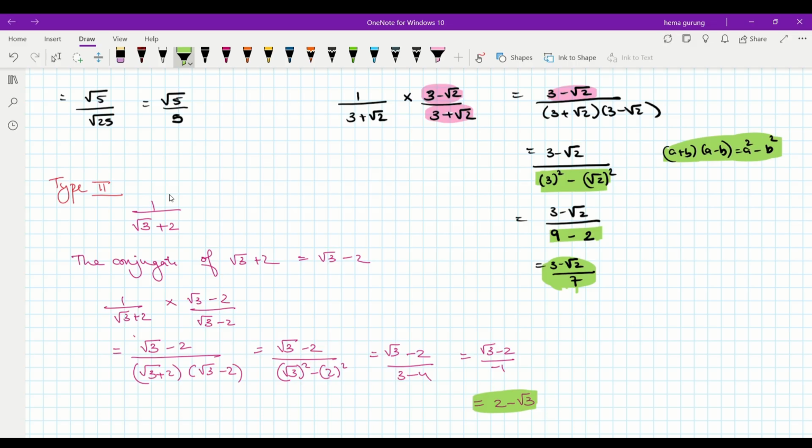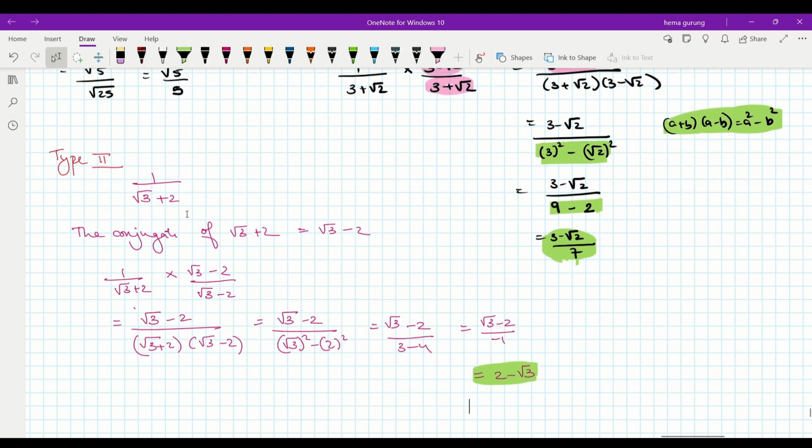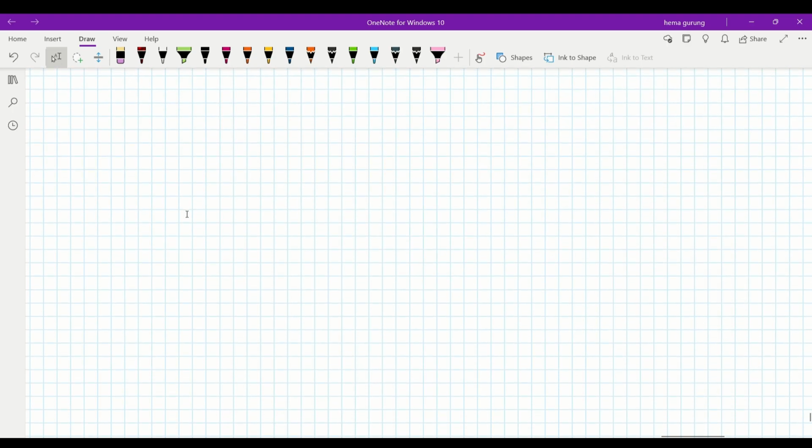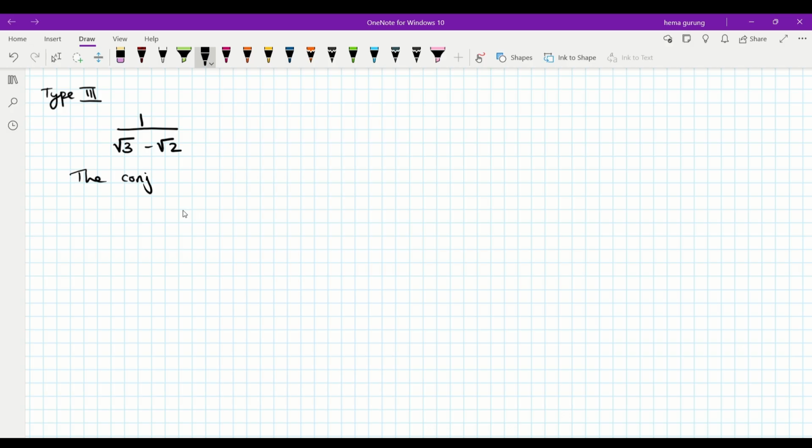I hope it's clear. Now we'll go ahead to type 3. This is type 3, when we have what? In the denominator, we have two surds. The method is the same, again the conjugate. What's the conjugate of that?